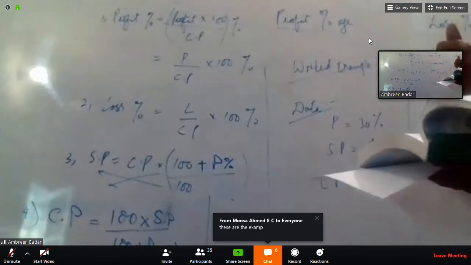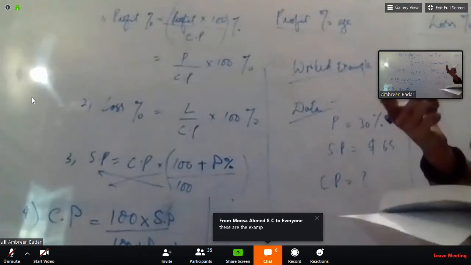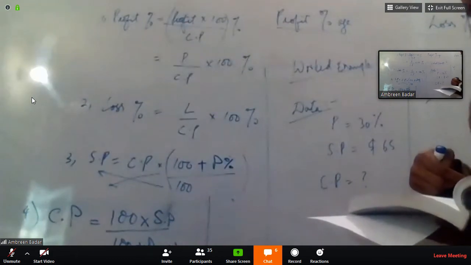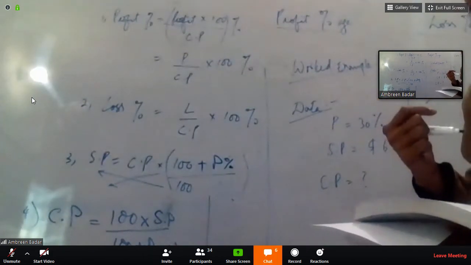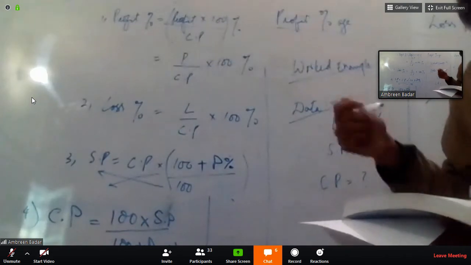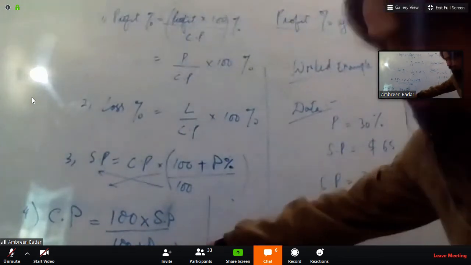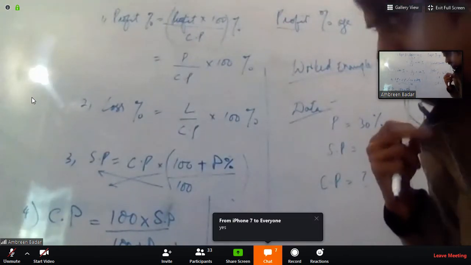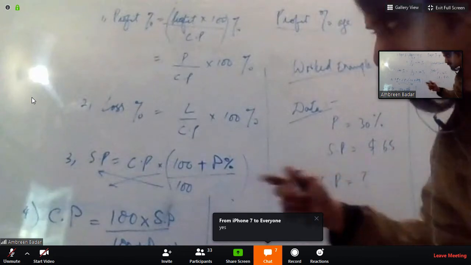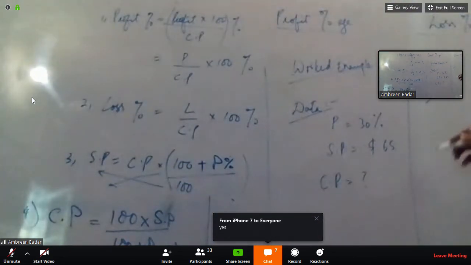Now, what if profit percentage is given, selling price is given, and you require the cost price? Then how will you calculate this? For the sake of this, I wrote these formulae. These formulas were written for you for such a case. You will be using this formula.